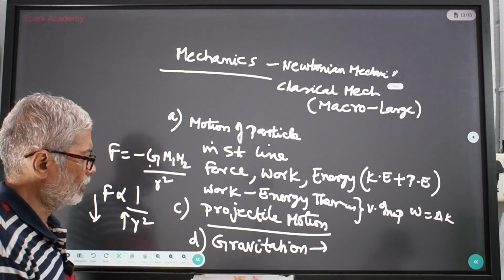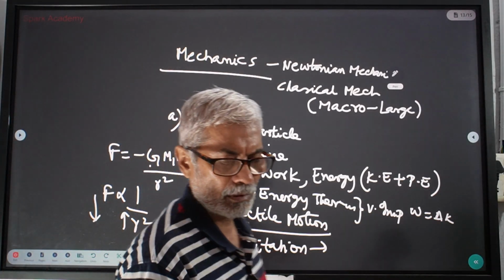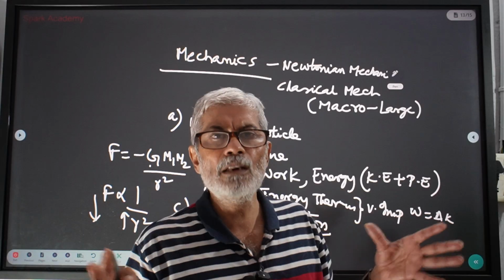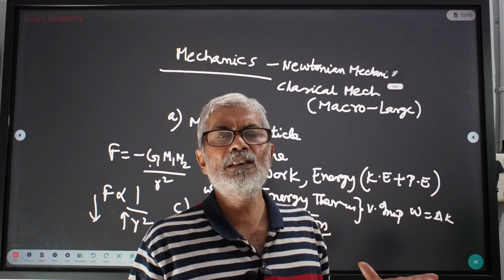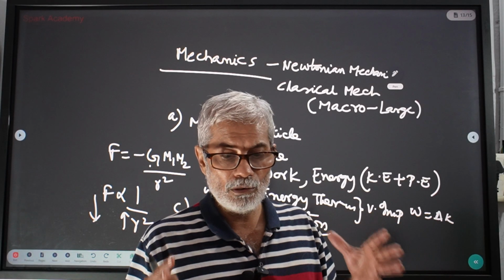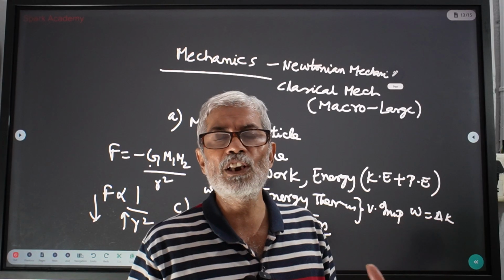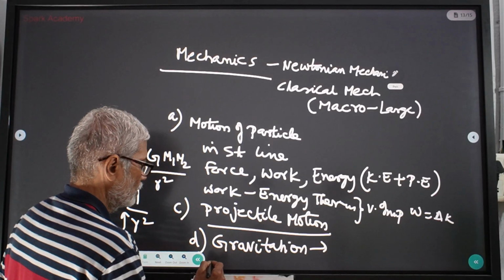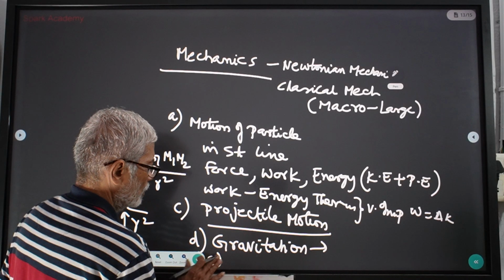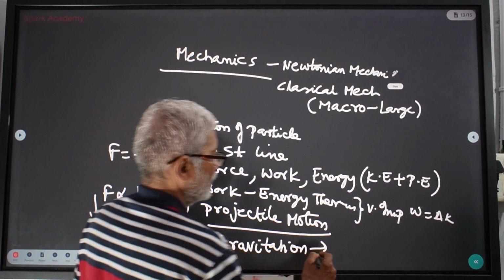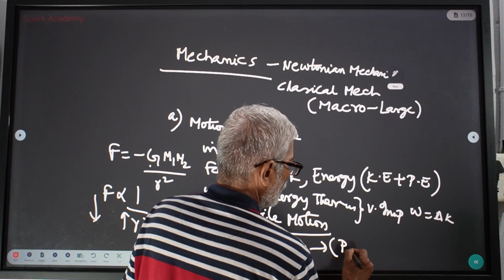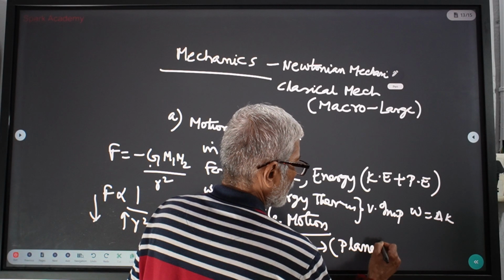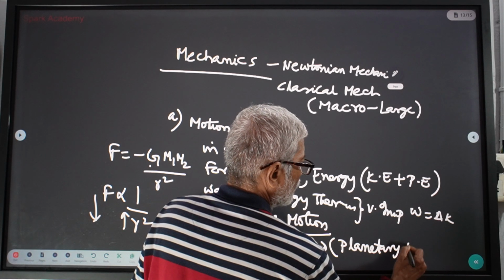Are you following? So gravitation has attraction between two bodies. Gravitation also has gravitational potential energy, which you have to find out. It also has planetary motion.